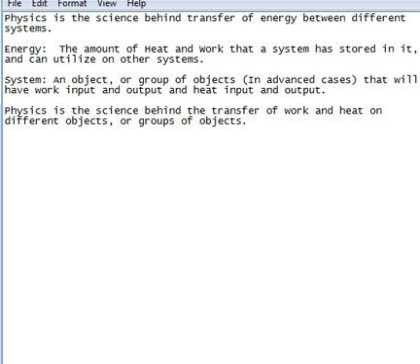Now you might be thinking, okay, once you understand physics, what's the practicality of it all? What could you possibly want to know physics for? Already it sounds pretty hard, and this is probably easily one of the hardest science classes that exists in colleges and high schools. The number one thing that you can use physics for is almost everything.